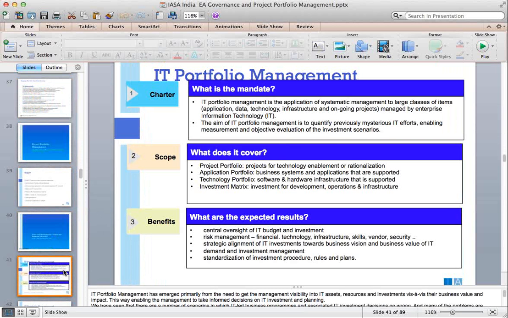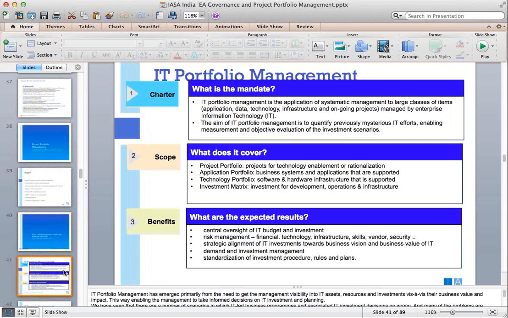Business systems and applications, such as software and hardware infrastructure, that are the technology portfolio, and an investment for development, operations, and infrastructure, which is your IT environment. So the scope of what we are trying to cover today is more in terms of the IT environment, and we are looking at human dynamics within it.